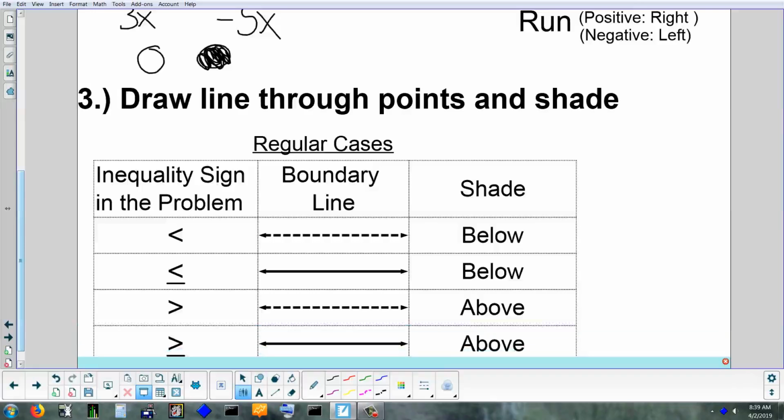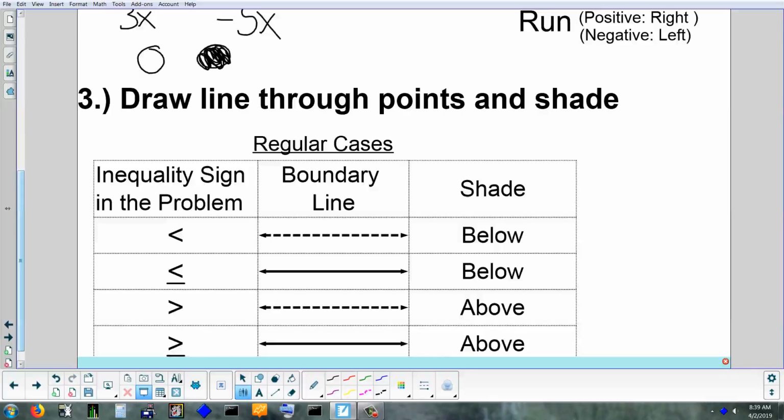And then you've got less than or equal to, it'll be solid, because I always think to myself, when it has the line underneath, that's a reminder to draw your line solid. Just like when we did inequalities graphing on a number line. If there was a line underneath, we made our dot solid.